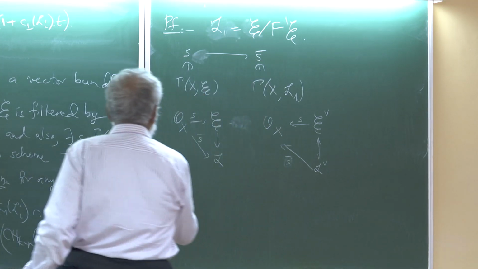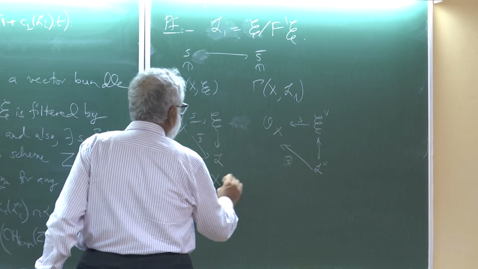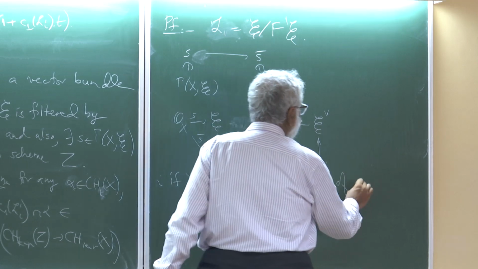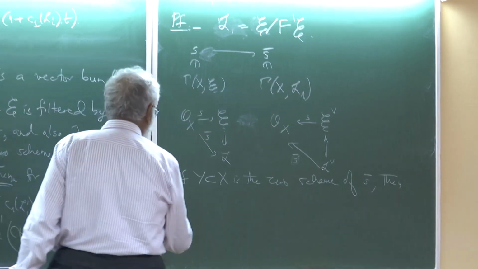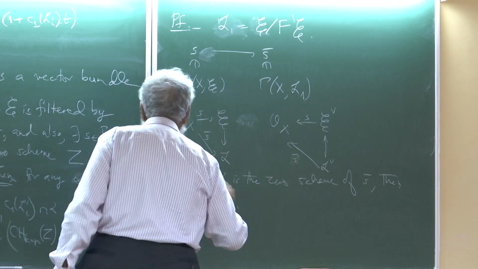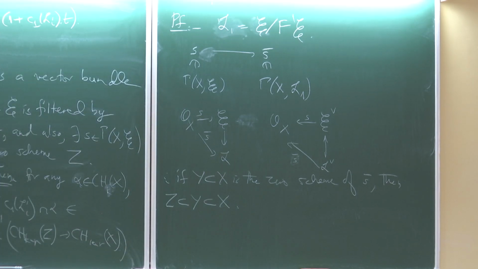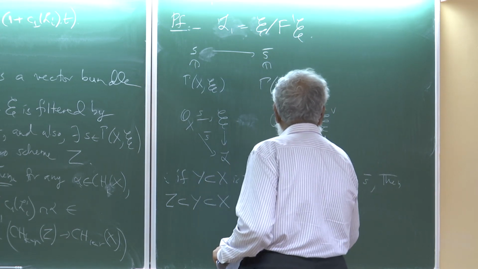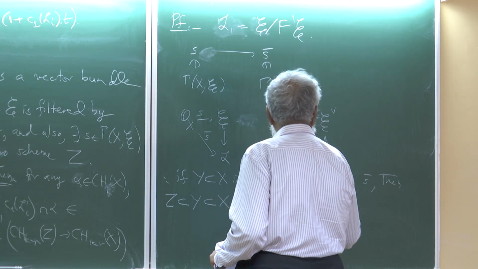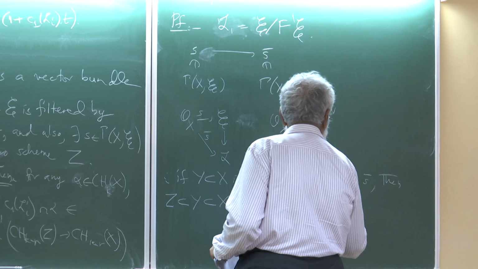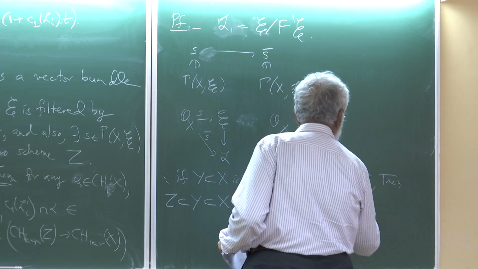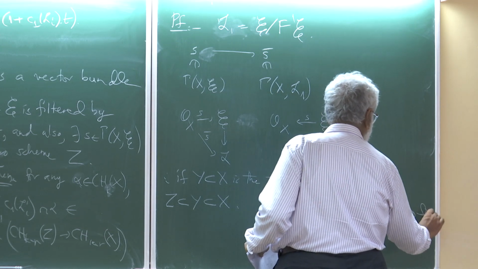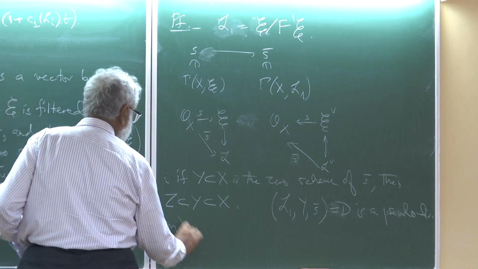Therefore, if Y is the zero scheme of S bar, then our original zero scheme is actually contained in Y and contained in X. Now let's look at this L1, the zero scheme of S bar, equal to D, is a pseudo divisor on X.